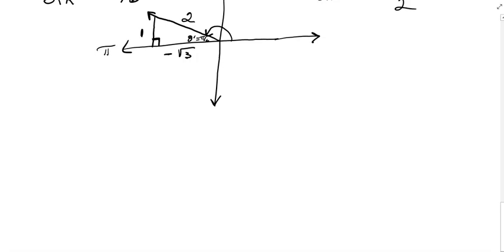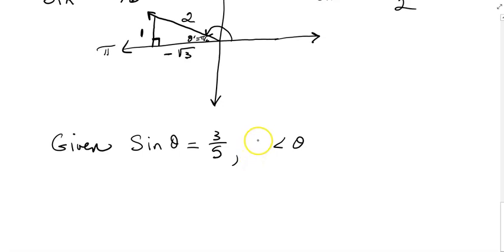But we can also do this. Suppose we were given that the sine of theta equals 3/5, and theta is greater than pi over 2, but less than pi.